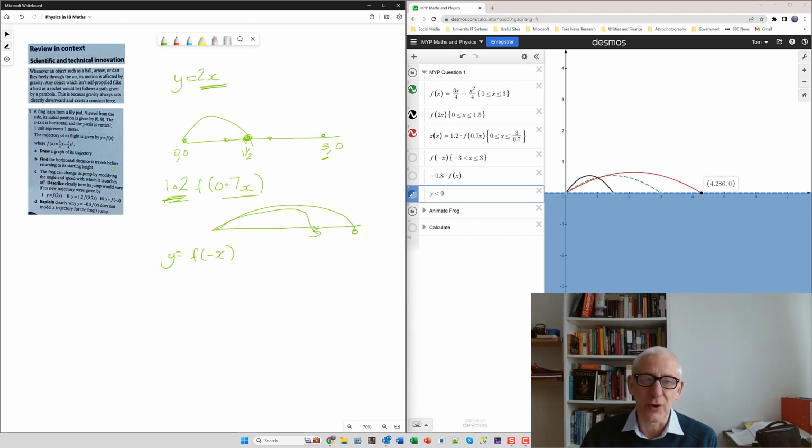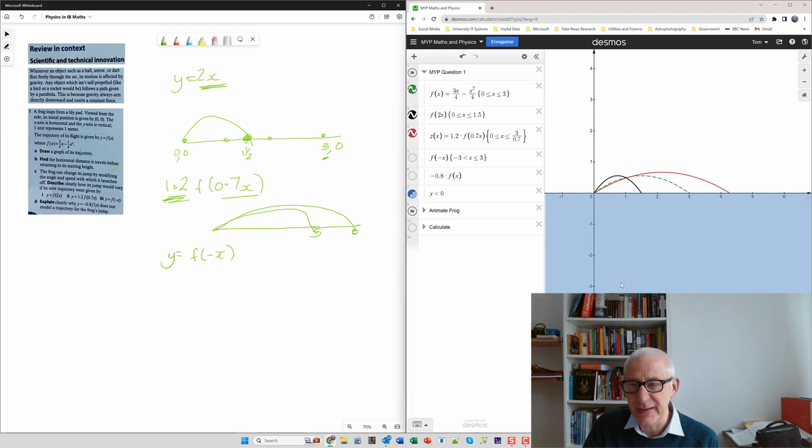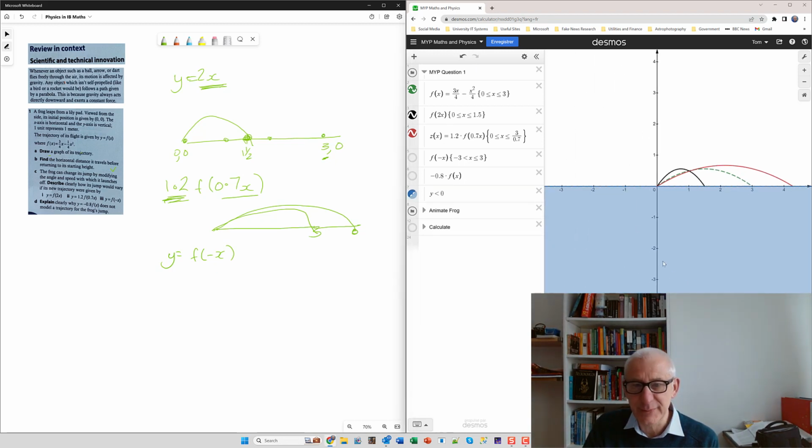So if you've got negative 3, the function returns what would happen if you had 3. So in this case what you get is the function which is flipped around. Let me just give myself some space there, open up that one, and sure enough it's the mirror image of the original jump of the frog.